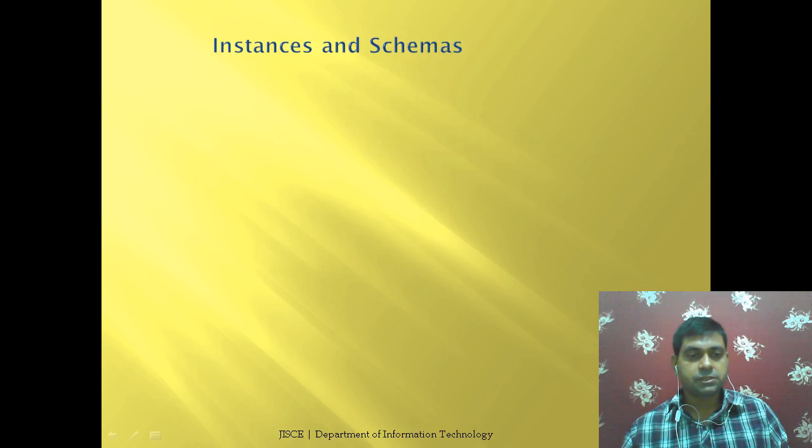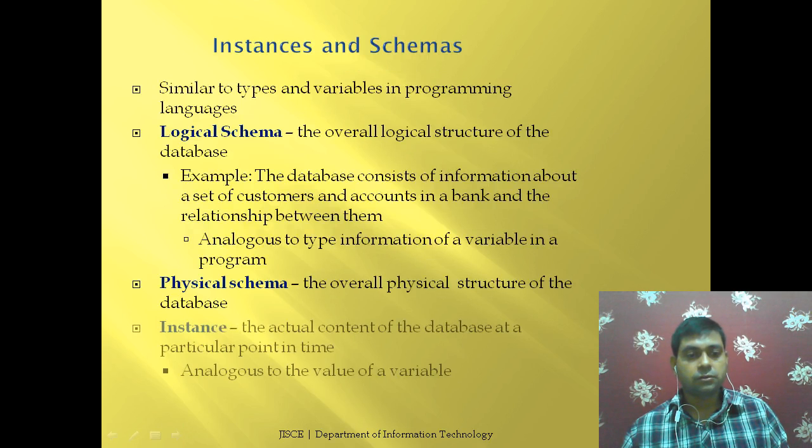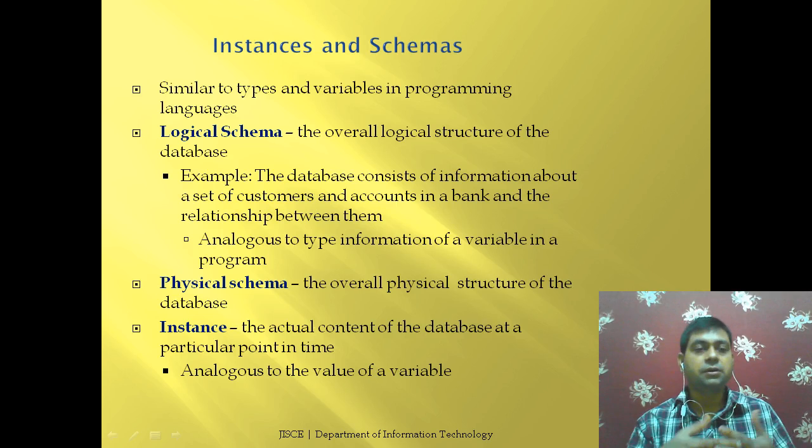Now we should also highlight something called the schema. There are 2 different types of schema. Logical schema basically deals with the overall logical structure of the database, and physical schema is the overall physical structure of the database. Apart from this, there is something called instance.